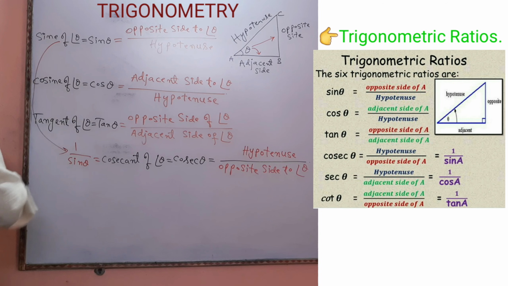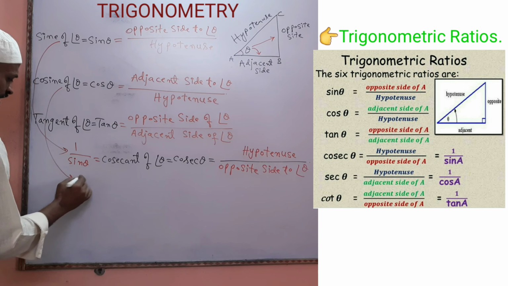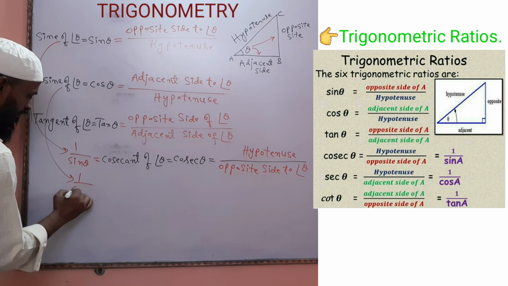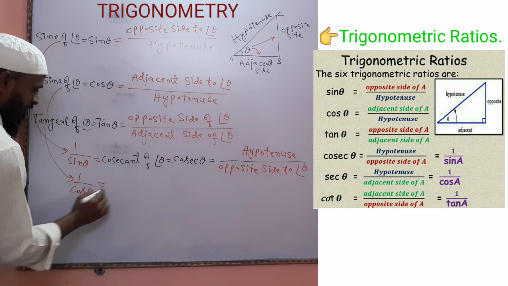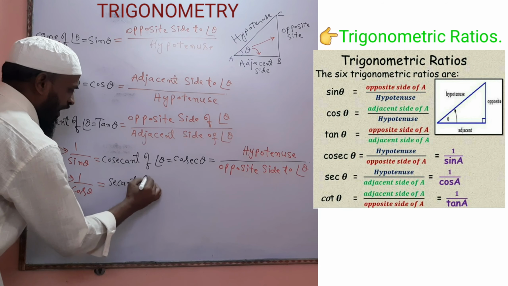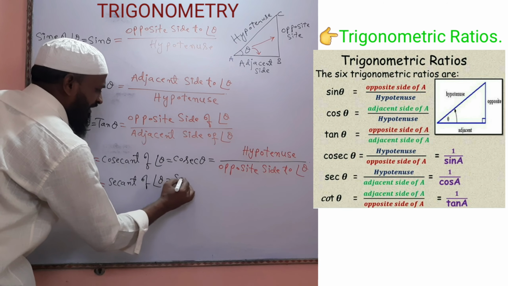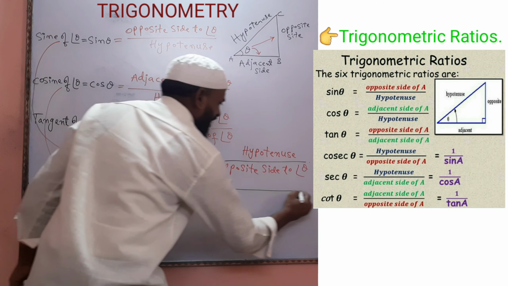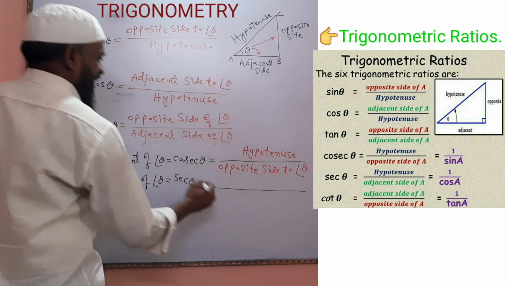Next one is the reciprocal of cos theta, which is secant of angle theta, simply says sec theta.